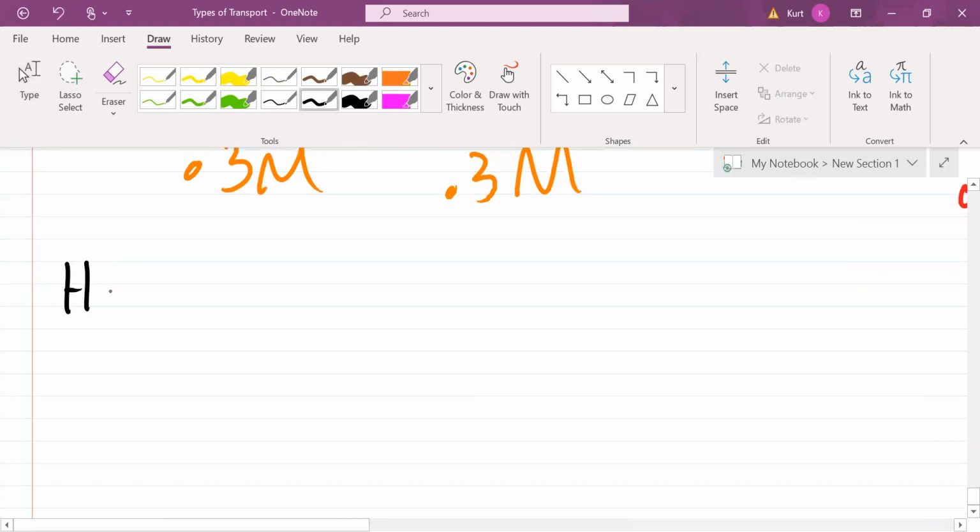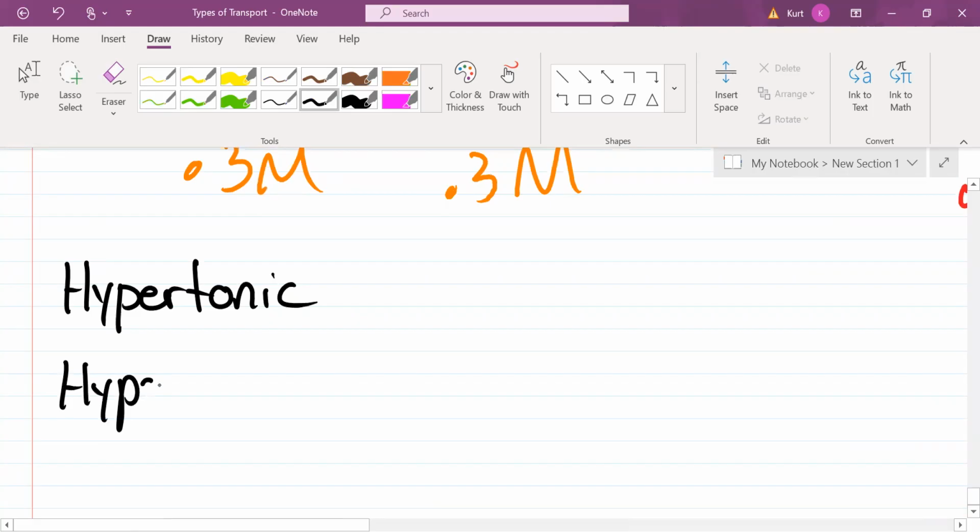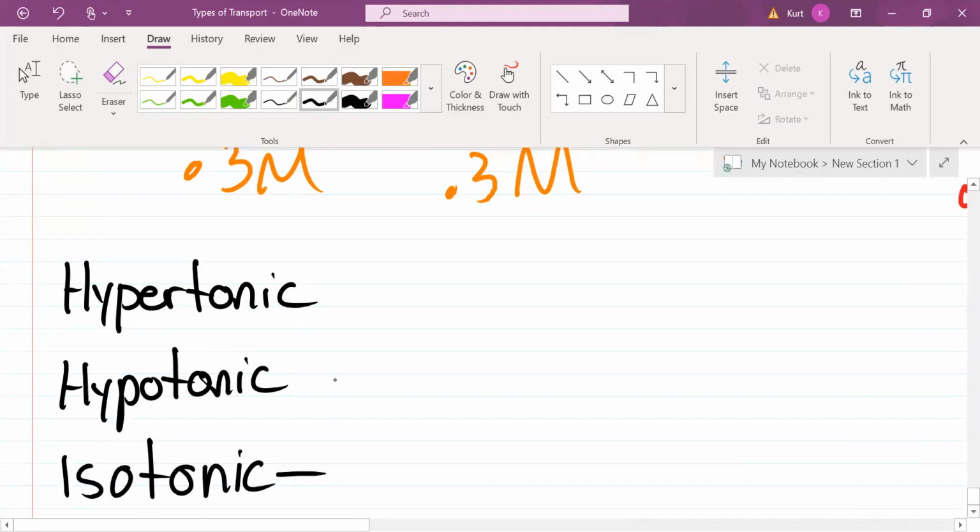So let's do this. Hypertonic, hypotonic, and isotonic. Hypotonic is a lower solute concentration. That's what hypo means.